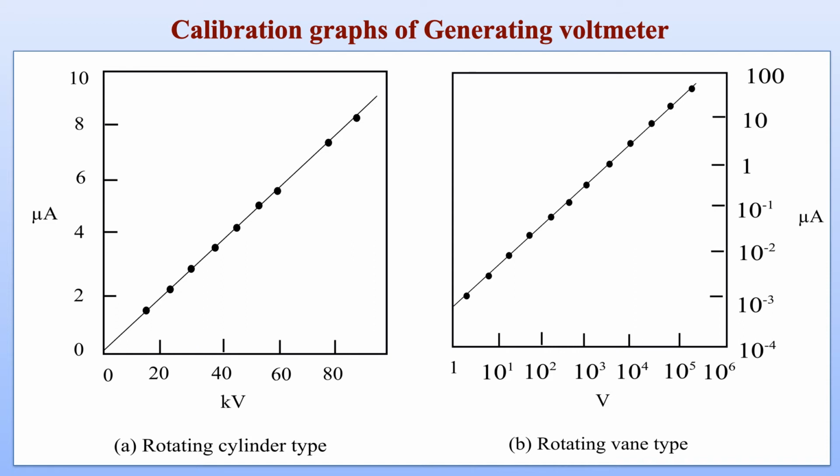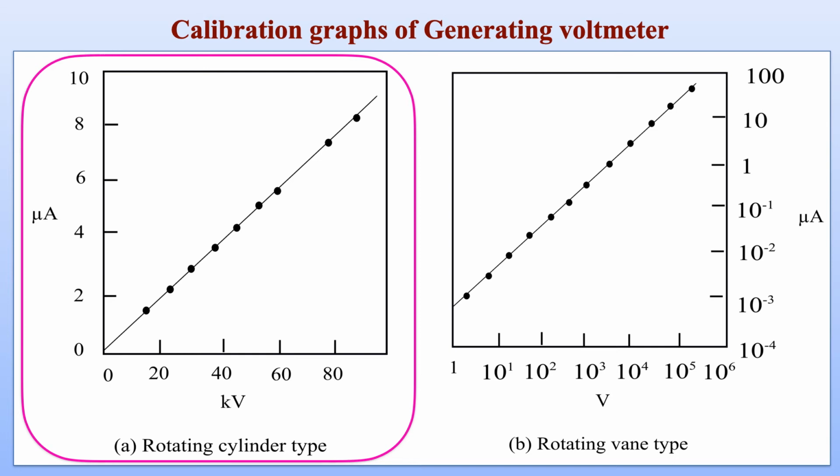We come to the next slide, wherein the calibration curves of the generating voltmeter are visible. So there are two different types of curves or graphs visible here. The left hand side graph is with respect to the rotating cylinder type of generating voltmeter.